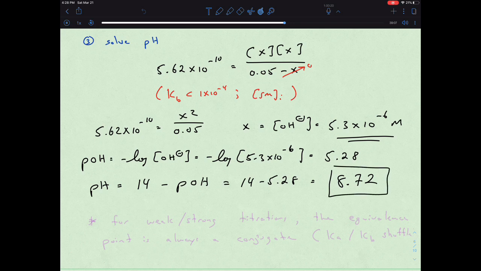So, for this idea of weak, strong titrations, the equivalence point is always a conjugate.